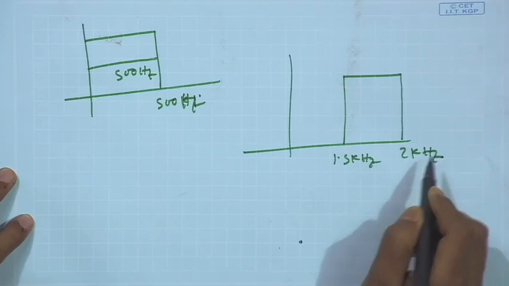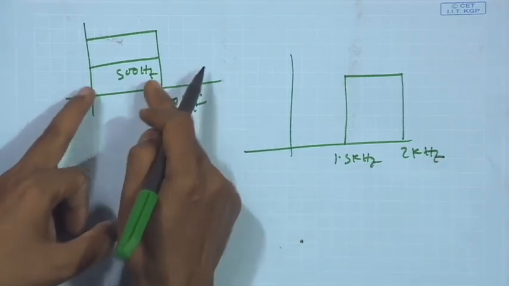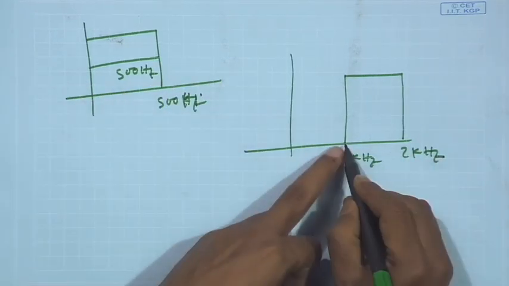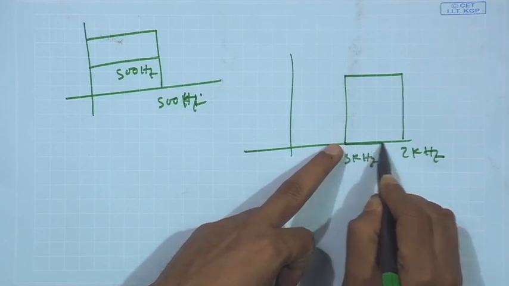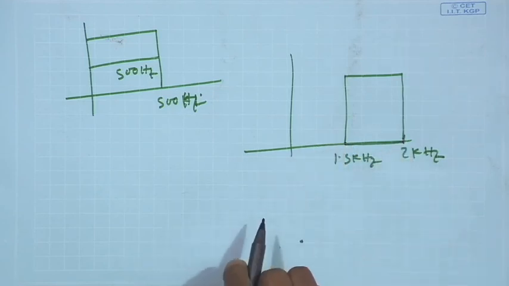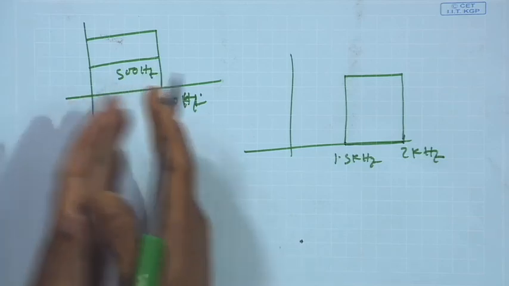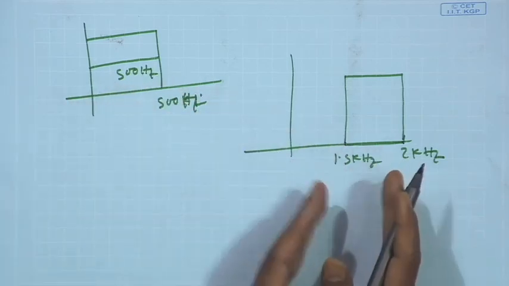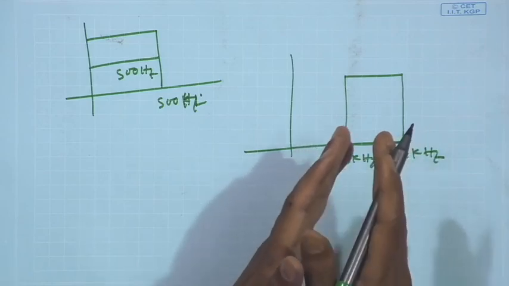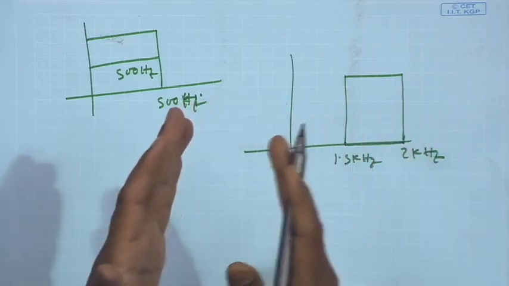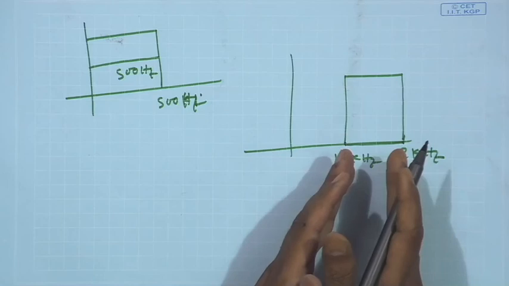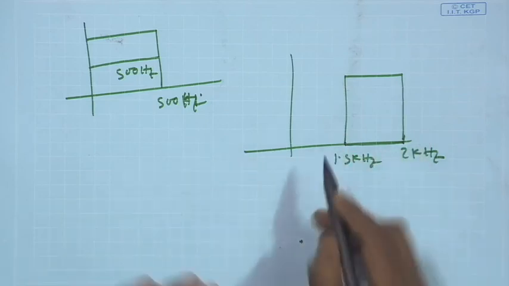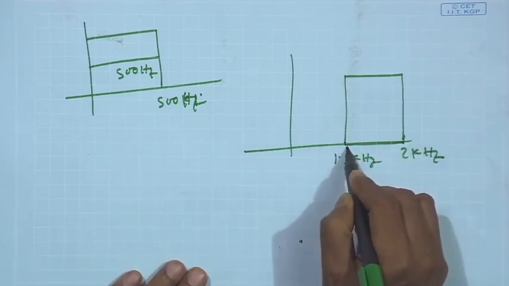So, what will I do? I will just shift this low pass filter to 1.5 kilohertz. Understand? It is nothing but a frequency shifting of the low pass filter. So any band pass filter I can implement by taking a low pass filter of the desired bandwidth and shifting that frequency response to where I want the band pass filter.